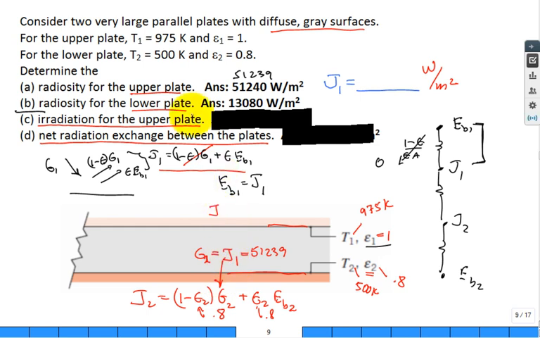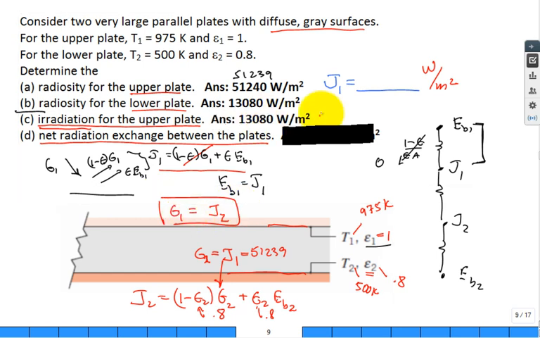Now, if we take a look at it for part C, the G1 is equal to what's coming off of the lower plate, J2, which we just calculated. So the irradiation, what's impinging on the upper plate, is what was outgoing from the lower plate, so guess what that is?